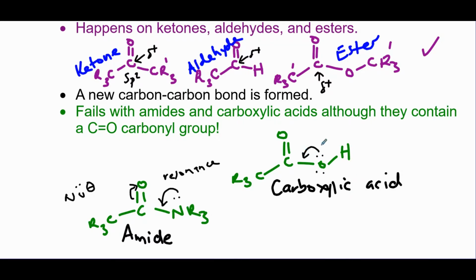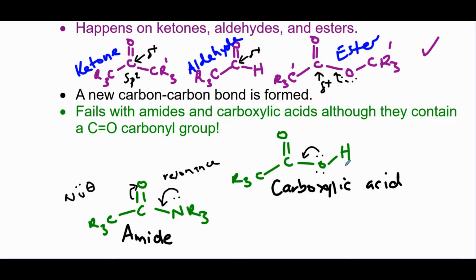Now the carboxylic acid is going to fail not entirely because of the resonance that you're doing here, because remember, esters also have an oxygen that can do the resonance, right? And you might argue that this carbon is not going to participate in the Grignard reaction because resonance kills the plus character. But that's not the case for esters, because esters are neutral, but carboxylic acids are not neutral.